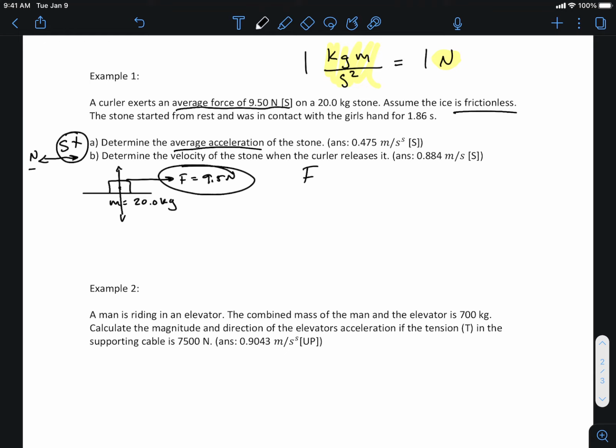So I know that F net equals ma, and I also know that the only imbalance in the force is in the x direction. So 9.5 has to equal 20 times the acceleration. And so the average acceleration of this stone should be, what did I get? 0.475 meters per second squared.